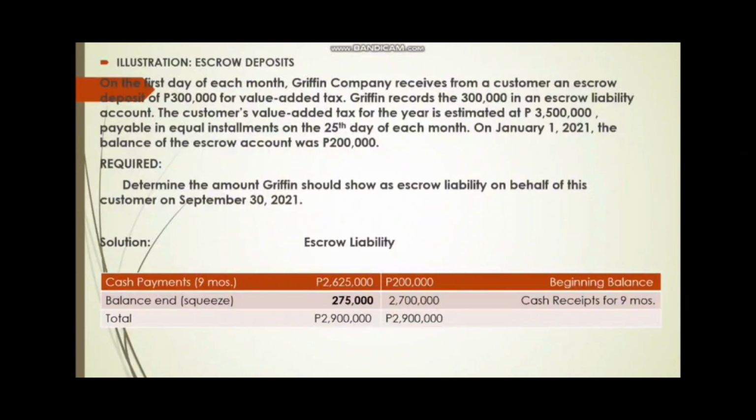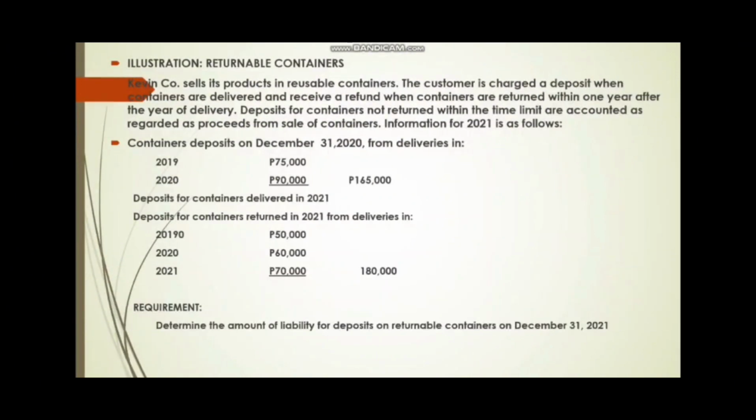Then both sides should be equal, so to get the ending balance or squeeze amount, you subtract 2,625,000 from 2,900,000. So you have an ending balance or squeeze amount of 275,000.